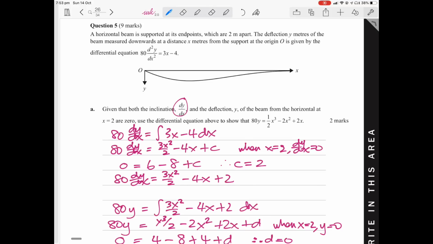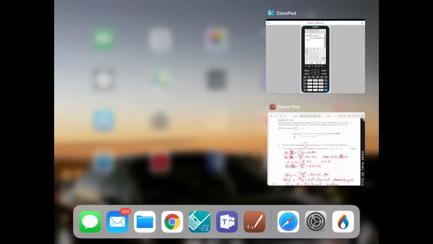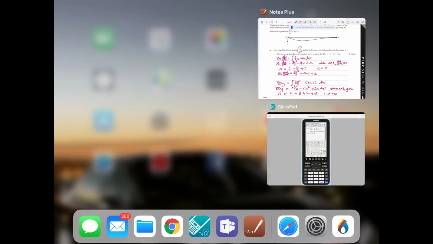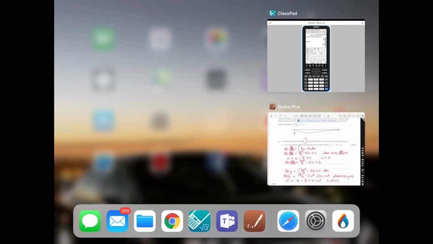So it's going to be 1/2 x cubed minus 2x squared plus 2x, given x equals 2/3, divided by 80, so 1 on 135.